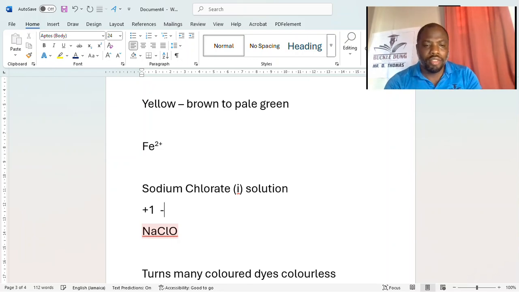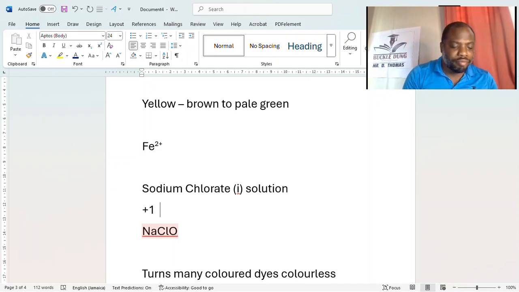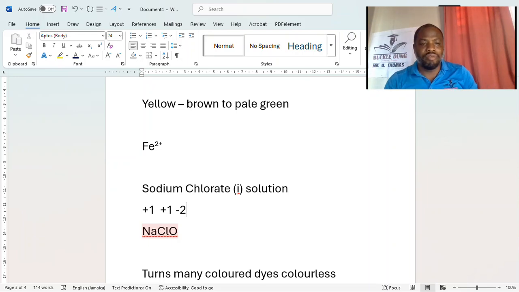The chlorine is a plus 5 in this case, and we remember that the oxygen is a negative 2. So when we add all of those, we get 0.